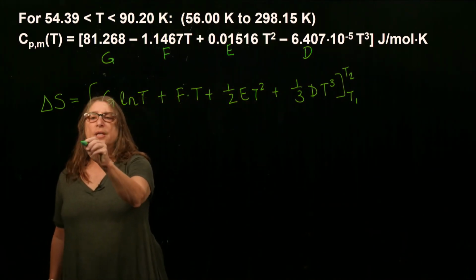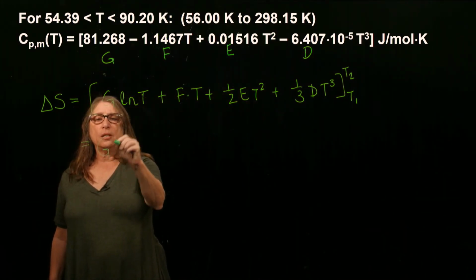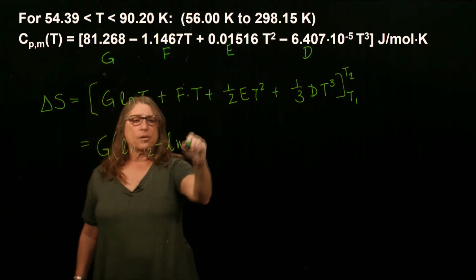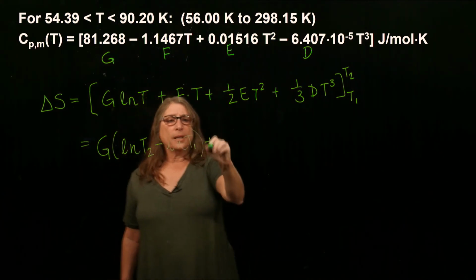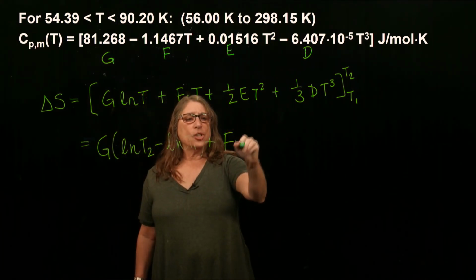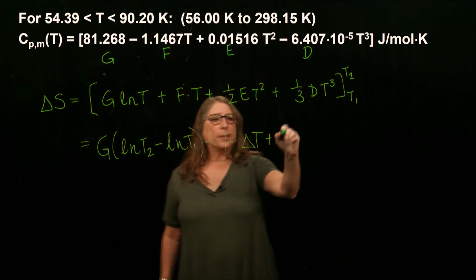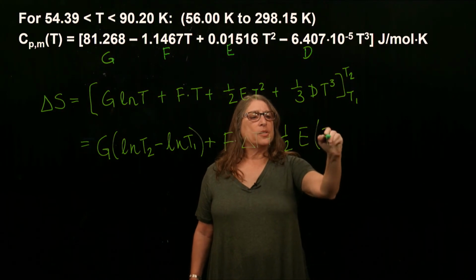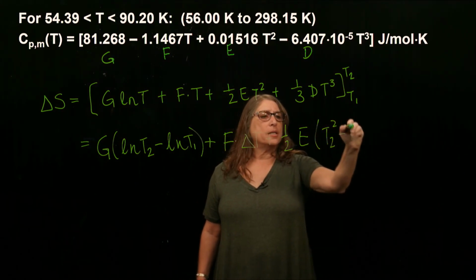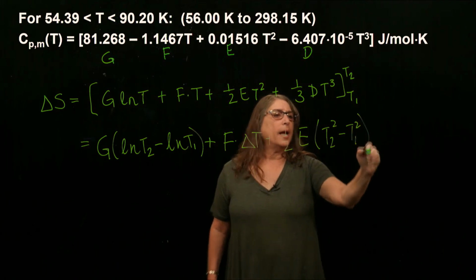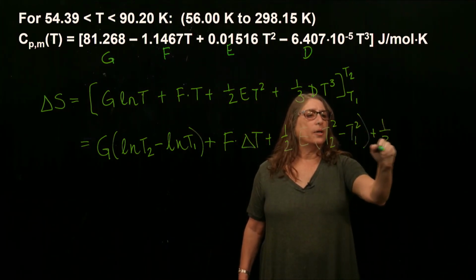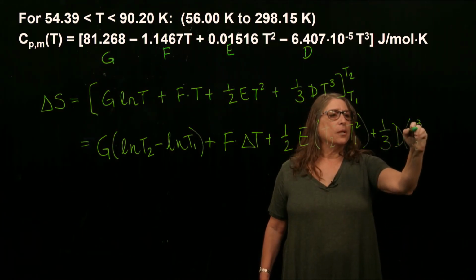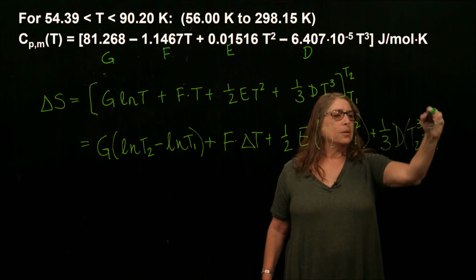When we do this, it turns out to be G times the natural logarithm at T2 minus the natural logarithm of T1. I'm going to add F times the change in the temperature. I'm going to add 1/2 times the E coefficient times T2 squared minus T1 squared, and I'm going to add in 1/3 times the D coefficient, T2 cubed minus T1 cubed.